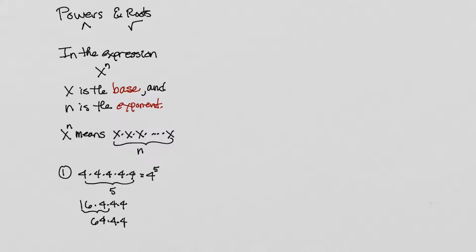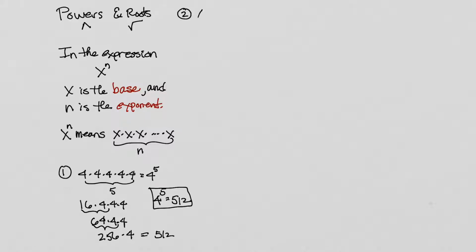We've got 2 4s left. Then 64 times 4 is 256, times another 4, and that is going to give us 1024. So 4 to the 5th is equal to 1024.